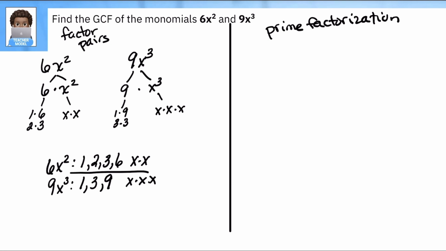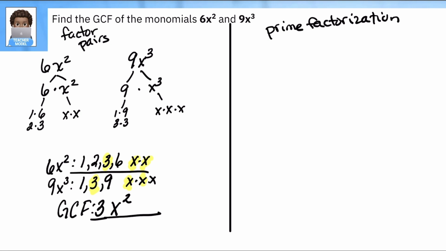And usually you just look to see what the greatest common factor is on the list. For just the numbers, the greatest number they have in common is 3. So that would be their greatest common factor. And with the x's, since they have 2 in common, we would say x squared. And that would be the greatest common factor, 3x squared.